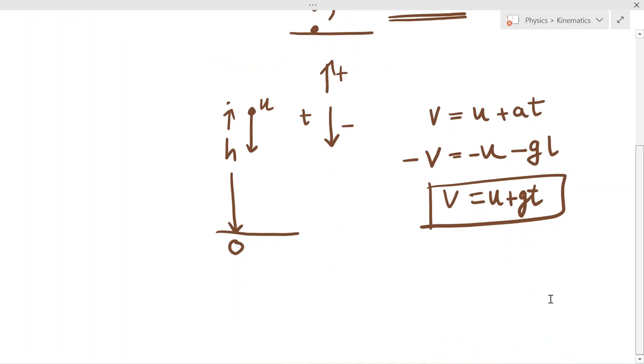So v is u plus gt. Now let's say what is the displacement? Displacement is xf minus xi, that is final position minus initial position. So this is my s. So this will be final position is 0 minus initial position is h. So this becomes minus h.